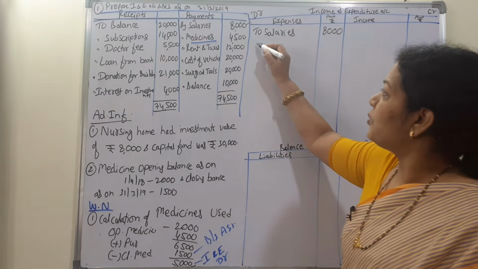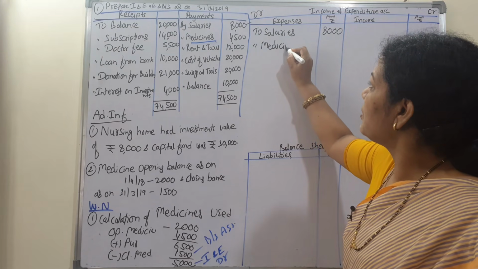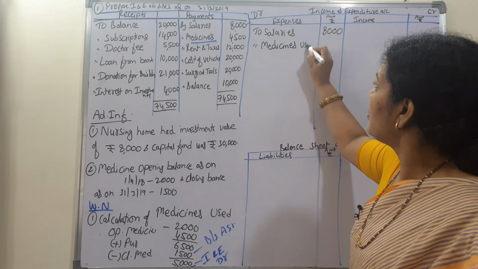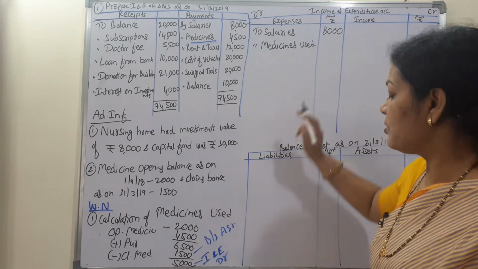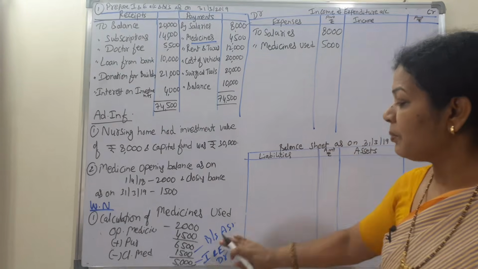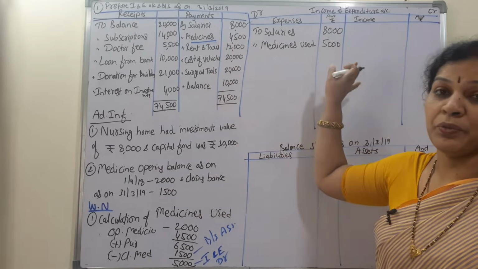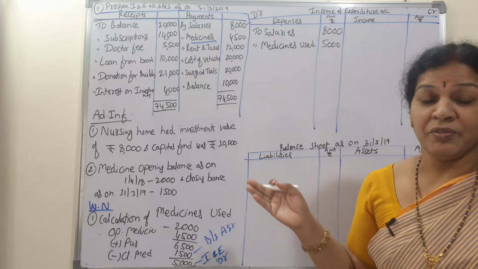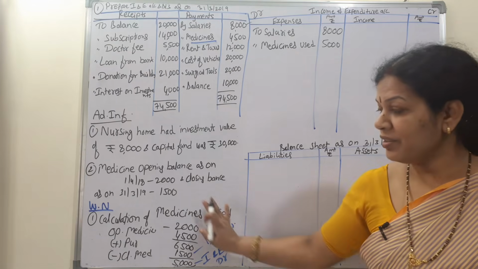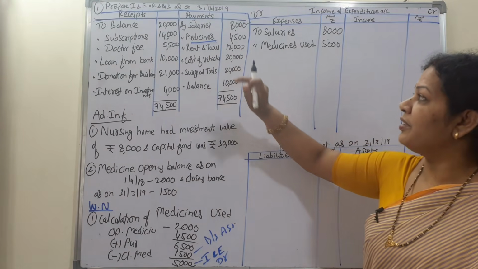So to medicines purchase, medicines used is 5000. If suppose this information is not given, we would have taken 4500 as it is. When we know opening balance, closing balance, this is a must. Okay, 4500.